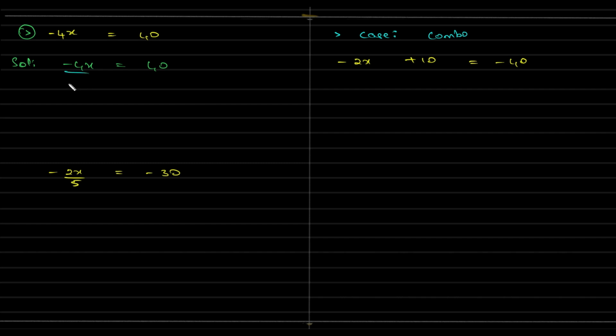Well, we will divide, and that too with a negative number, because I want only x, that is 1x, nothing else. So negative divided by negative is positive. 4 divided by 4 is 1. Therefore, x is equal to positive divided by negative is negative, and this is 10. Right? So next question.